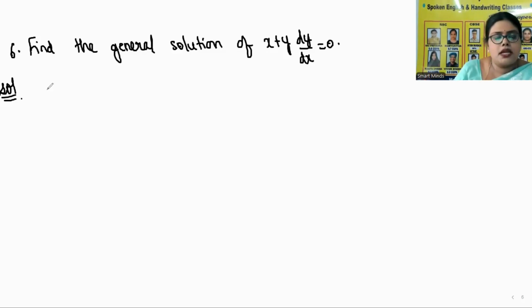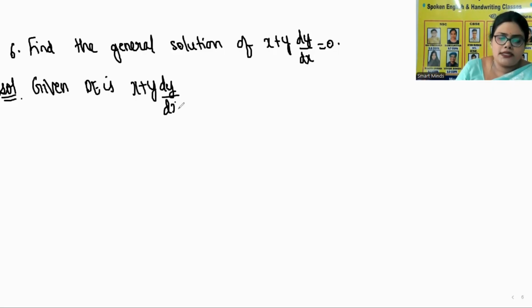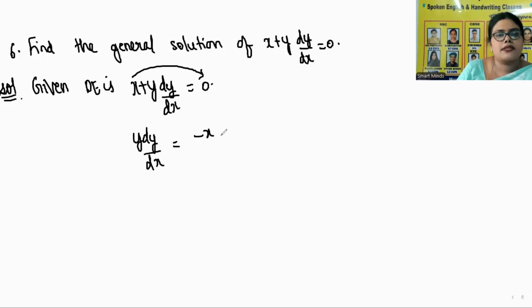So let us see how to solve this. What is the given differential equation? x plus y dy by dx is equal to 0. Now I will take this x to the right hand side. So it will become y dy by dx is equal to minus x. Now I will take this dx to the other side.